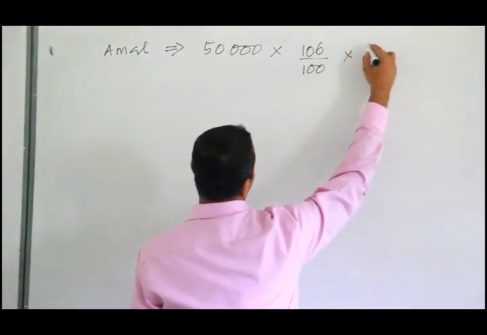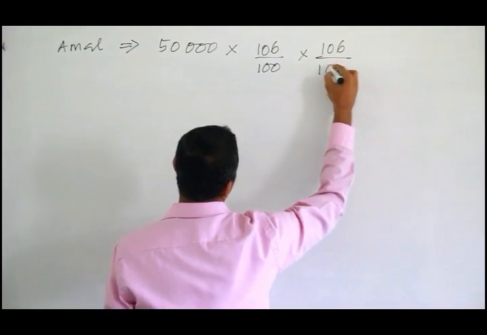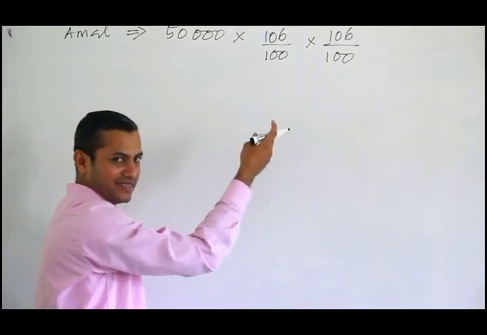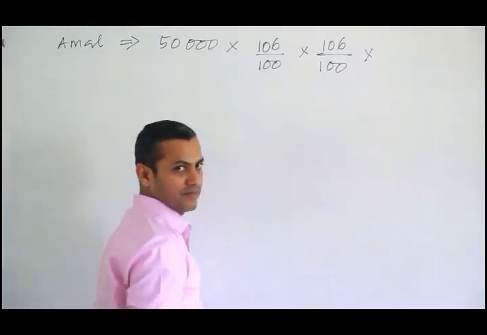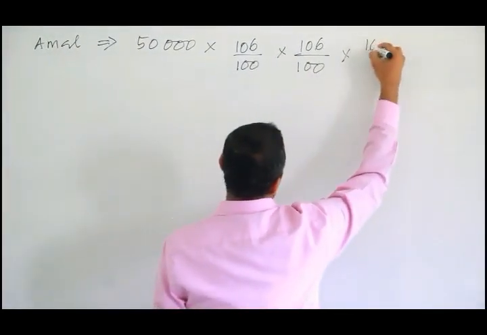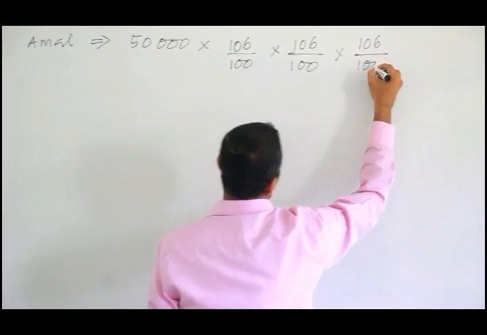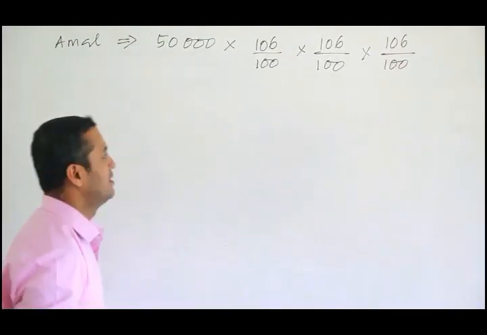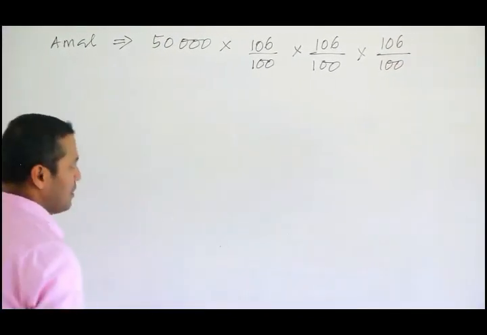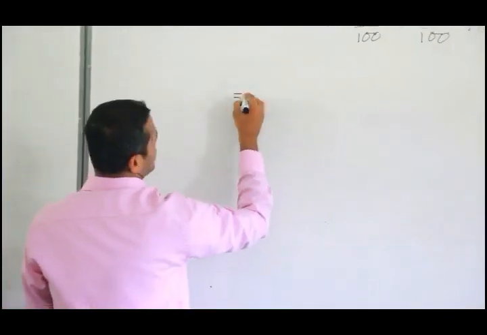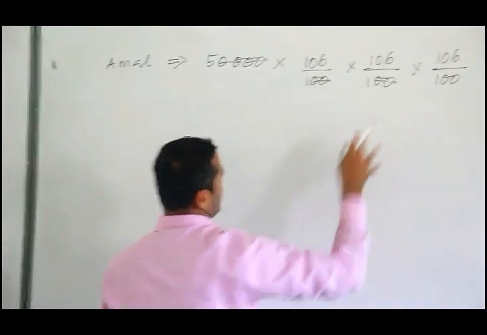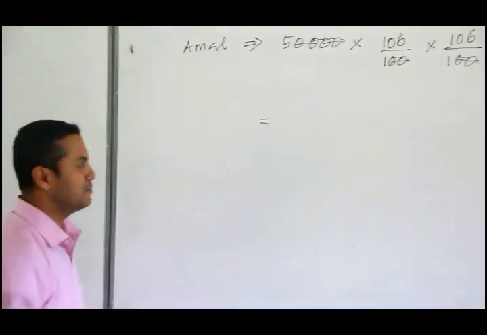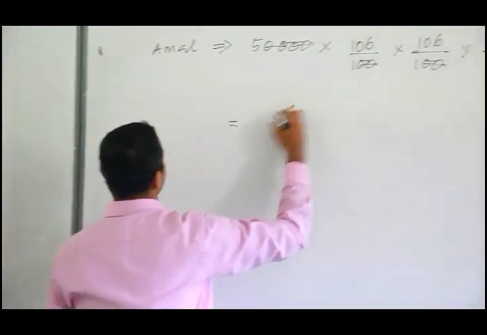If you multiply again by another 106 over 100, total amount for 2 years. But this is for 3 years. We multiply one more time by 106 over 100. Is that clear? So this is for Amal. You can simplify and get the answer. Just multiply and then divide by 100, right? You can do it.